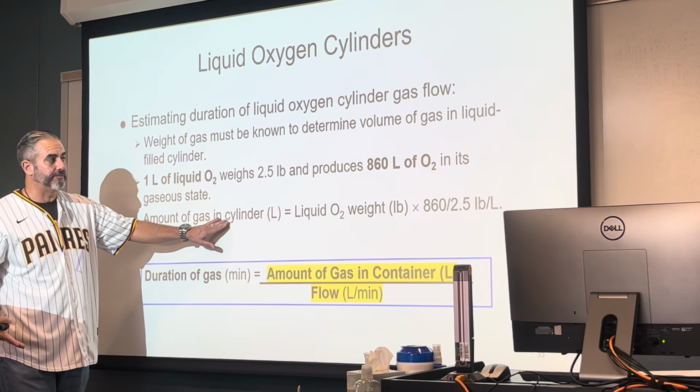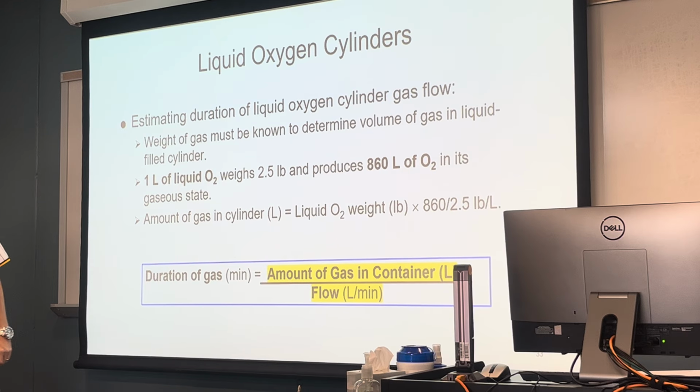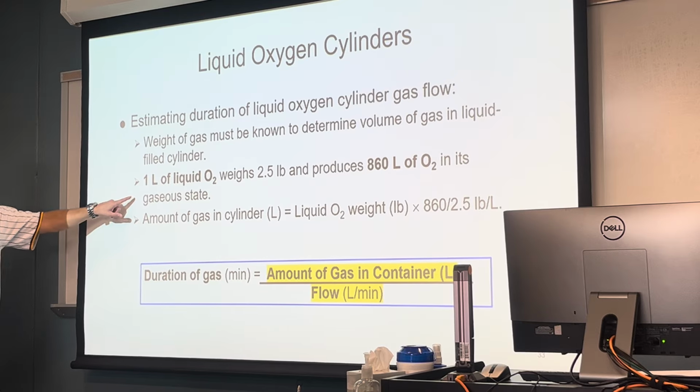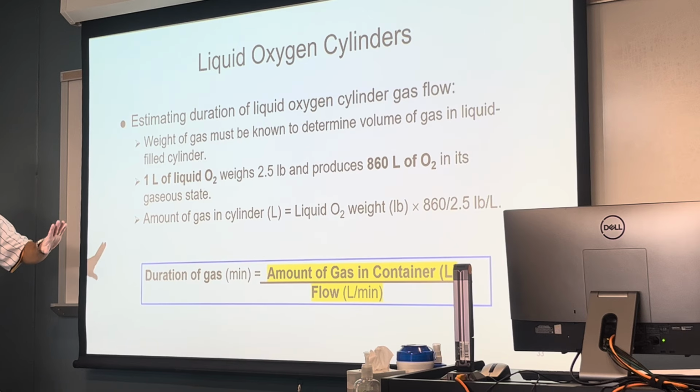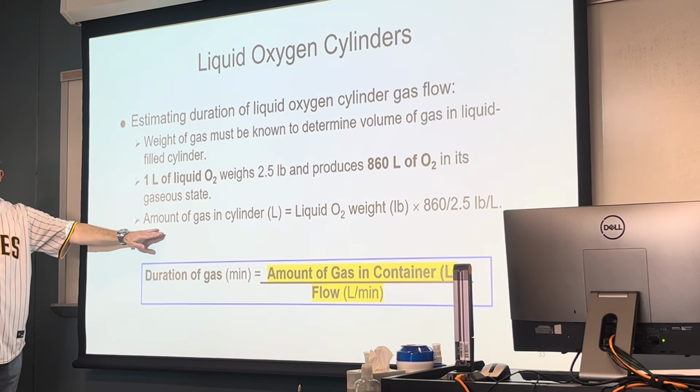So I have to know the weight. Not the pressure, but the weight of that liquid oxygen. And so this statement: 1 liter of liquid oxygen weighs 2.5 pounds and produces 860 liters of oxygen in its gaseous state. Where that is important is the next part of this calculation.